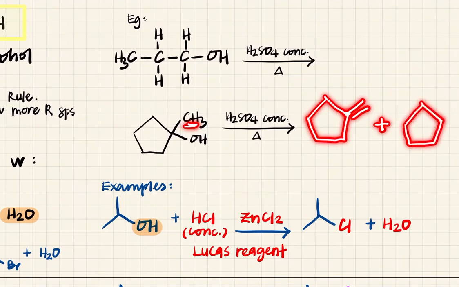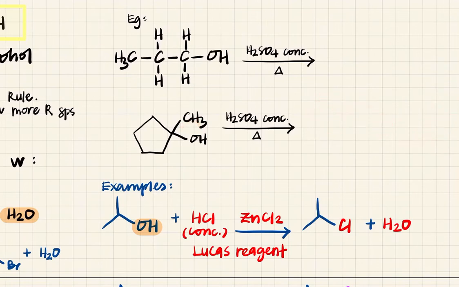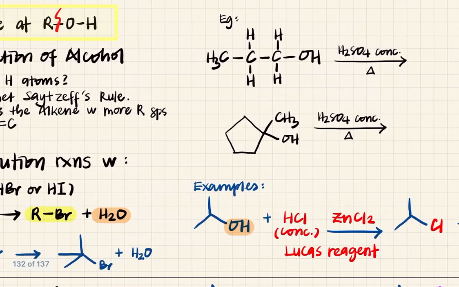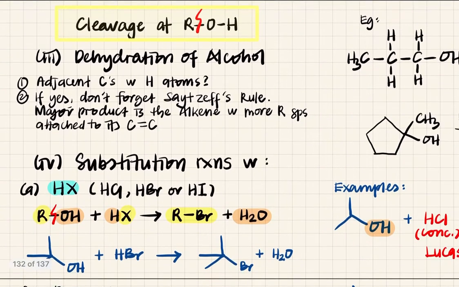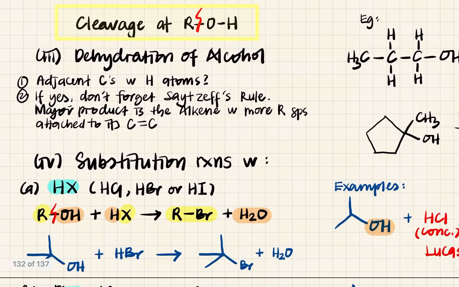Apa? Ni ada CH3. Buang OH dari sini. Let's say buang dari sini. You will get this. So for this case, maksudnya awak boleh ada major dengan minor product. Betul tak? So yang ni awak kena ingat lah, guna Saytzeff rule. So awak keluarkan possible alkenes that you can form. So the major product will be the alkene with more R groups attached to its carbon-carbon double bond.